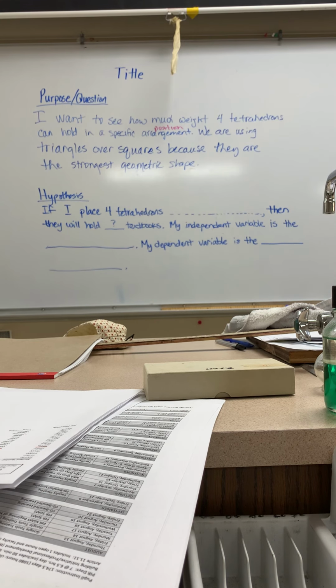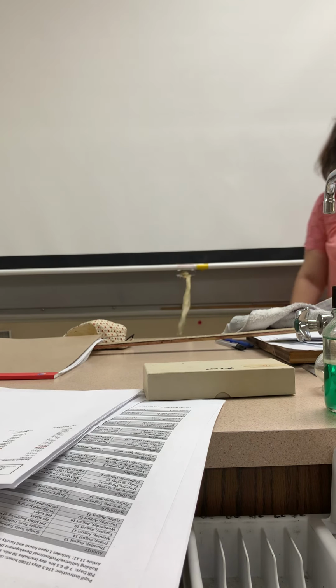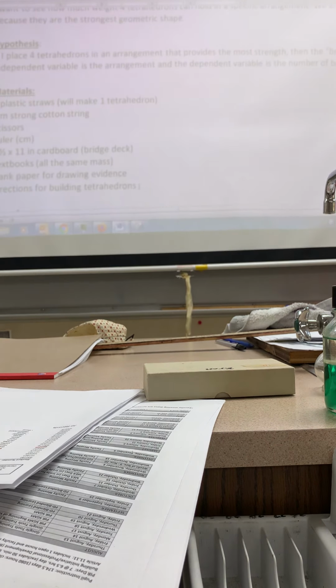Then moving on to the materials list, you can look at the list of materials that you used on your lab sheet. I'm going to show you what we generated as a list. We said that we needed 2 plastic straws per 1 tetrahedron.